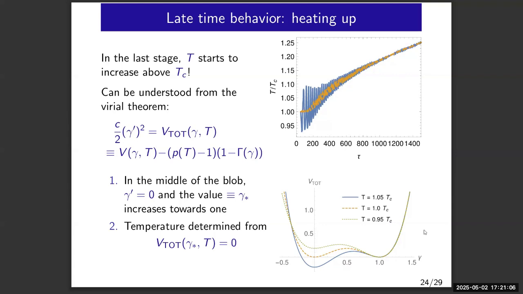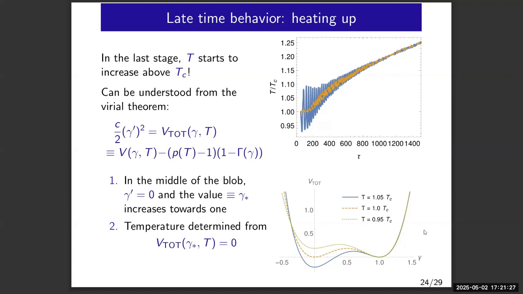This is qualitatively consistent with what we expect, and you can actually solve this equation and plot the temperature that you get. This is the orange curve here, and it matches precisely with the simulation results.